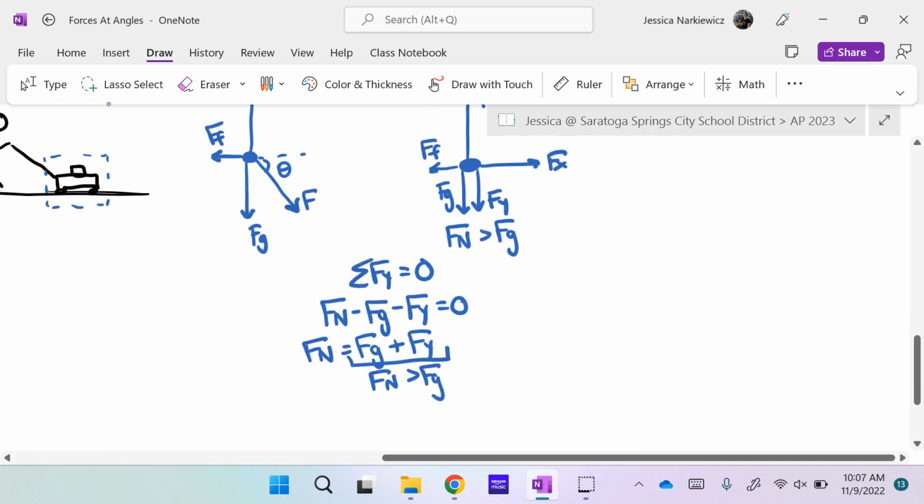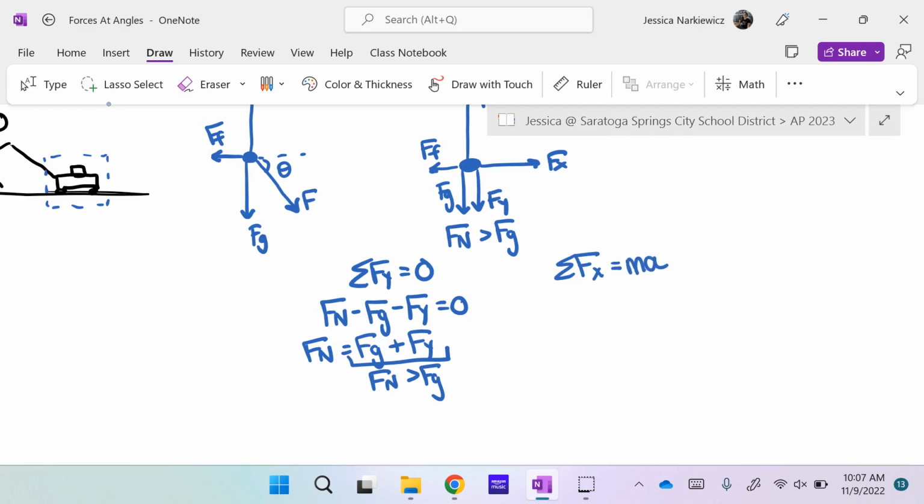In the x direction, we're again going to assume that we are accelerating. Okay. So I have Fx minus the force of friction is ma. So F cosine theta minus mu times the normal force. And again, I'm not going to autopilot and fill in mg for the normal force.